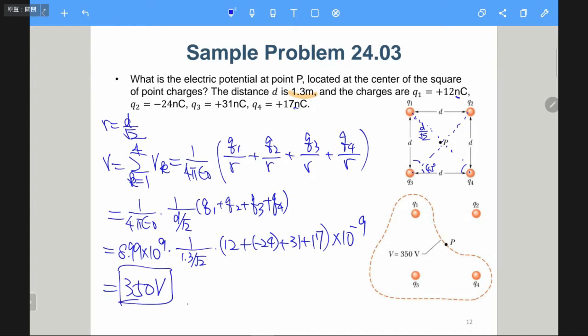But actually, it just tells you that the equipotential surface will be something like this shape. Maybe you need to calculate it with computer software. You calculate the points one by one, and then connect them together.